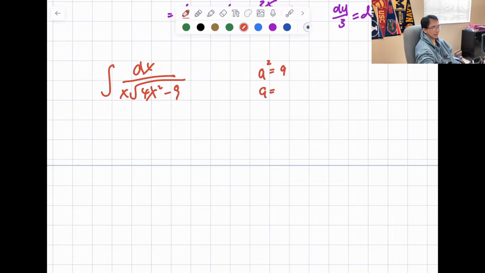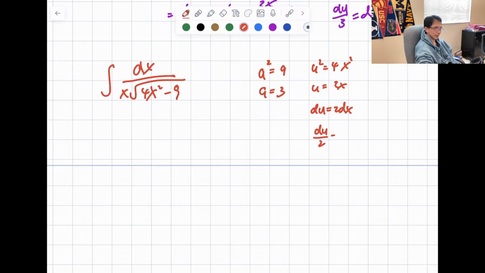What is a? 3. I forgot what u was. I thought it was 2x. Just take the square root. And then because it's this, you do du equal to 2 dx.